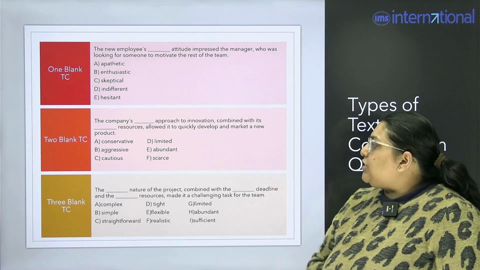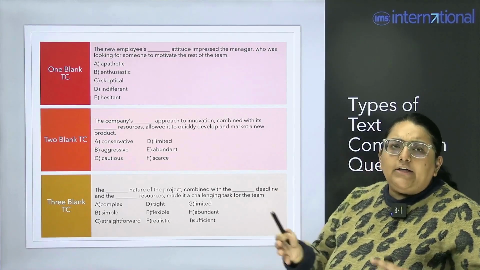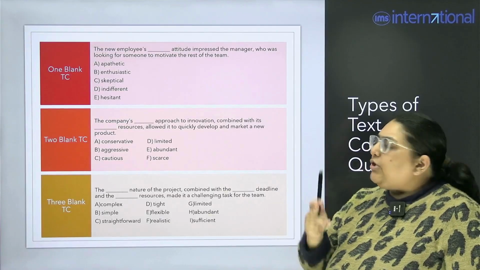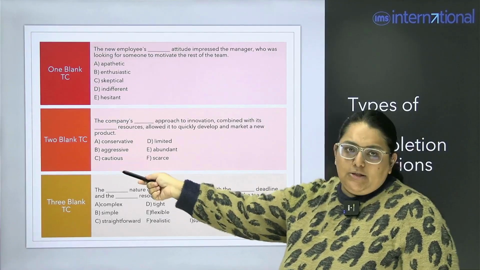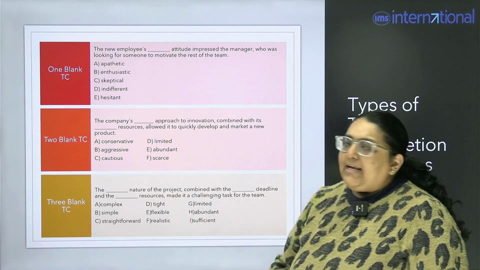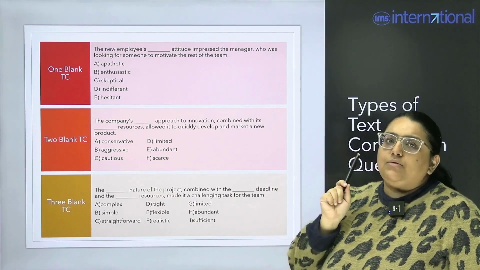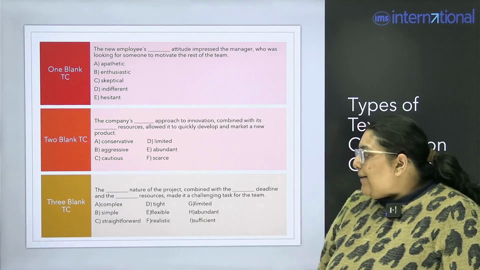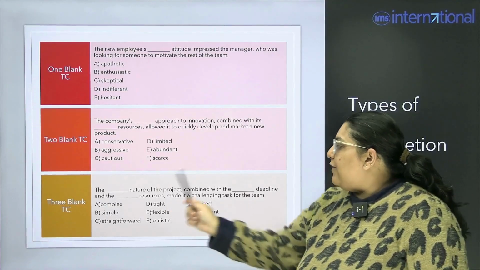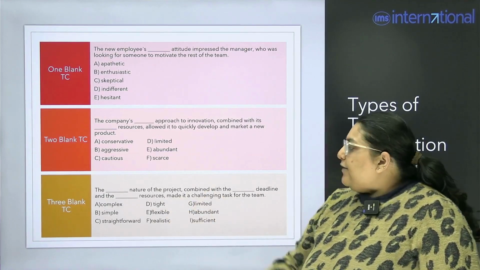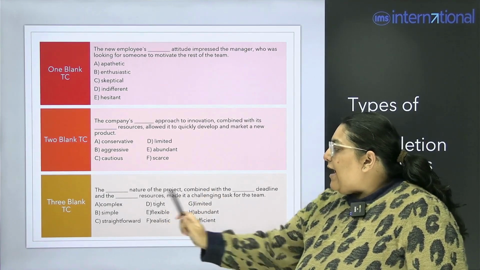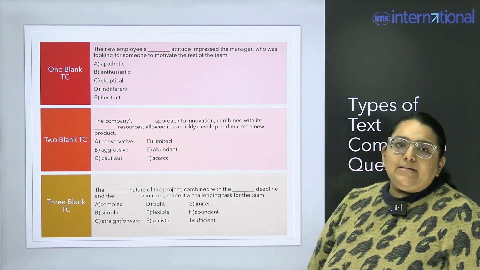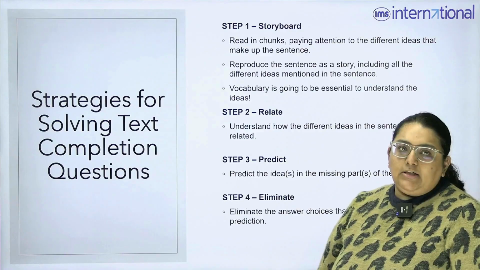A 2 blank question will again have 1 sentence, or it can also have multiple sentences, 2 or 3, with 2 blanks, 3 options per blank, and any one combination of answers will be the correct answer. Finally, you will have a 3 blank question in which you will have 1, 2, 3 blanks, and for each blank you are going to have 3 options. So 3 options for the first one and similarly for the second and the third.